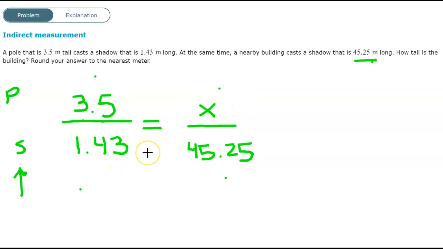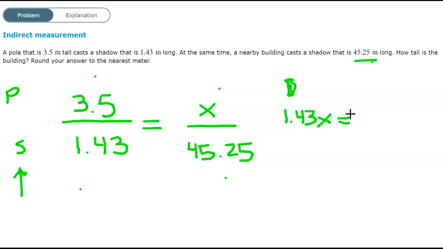So let's do 1.43 times x. Let me see here. My eraser tool is missing, you guys. So we'll just say 1.43x is equal to, and then we'll go ahead and cross multiply.